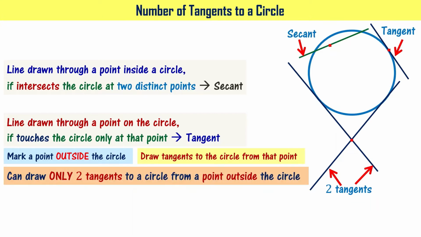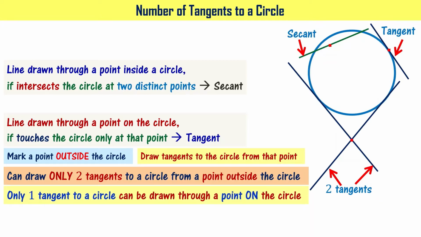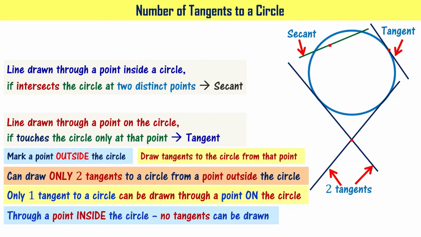Please note that we can only draw two tangents to the circle from a point external to the circle. What other things we have learned is only one tangent to a circle can be drawn through a point on the circle. Please note this. Through a point inside the circle, no tangents can be drawn. Only secants can be drawn. Please note this.